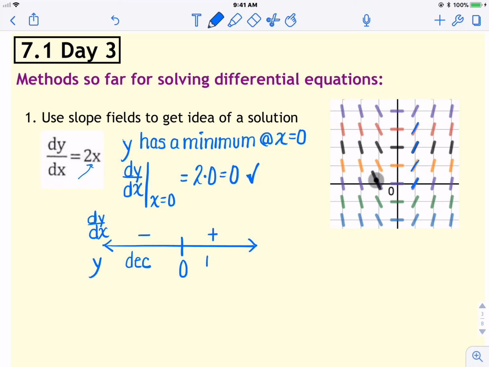That means that my graph of y is increasing afterwards. So a little first derivative test to confirm that I know that information. So slope fields aren't always going to give us the equation, but they're going to tell us some characteristics or things that we should be able to tell about that y equals equation that we have the derivative of.